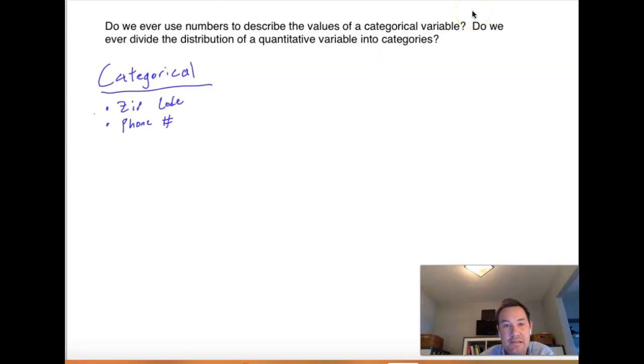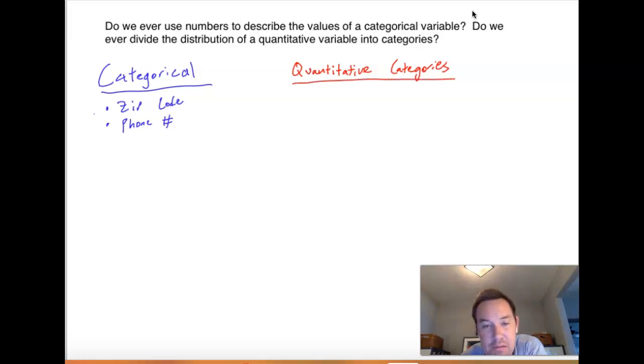Okay, so when does it make sense to divide the distribution of a quantitative variable into categories? So let me think. An easy one that's maybe familiar to you would be grades. If you get a 94.7% in your statistics class, that means you are in the category of an A, right?